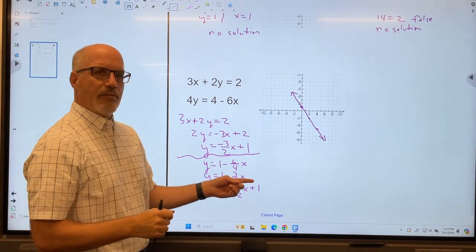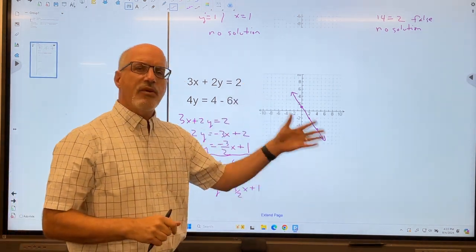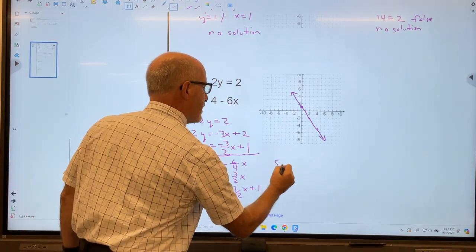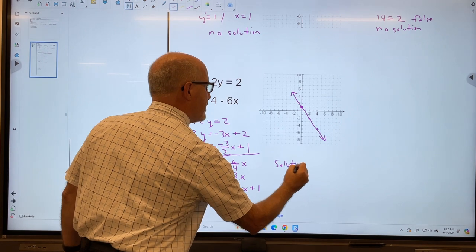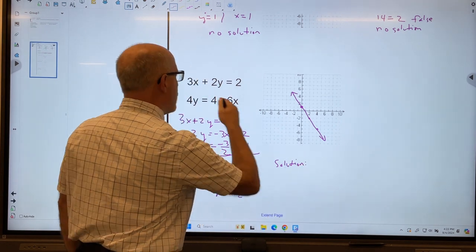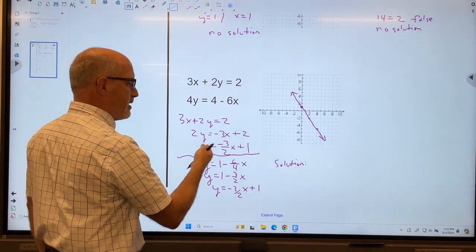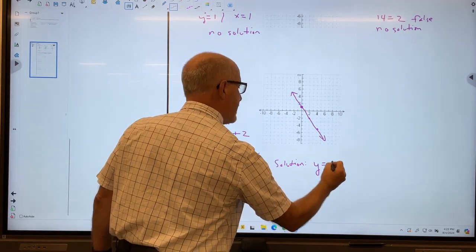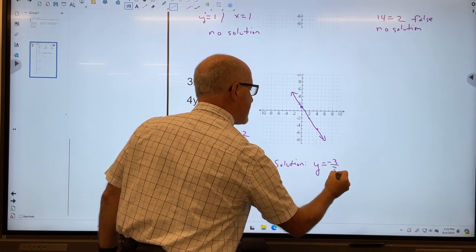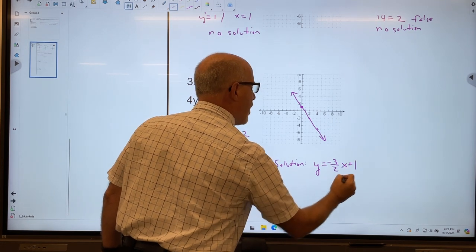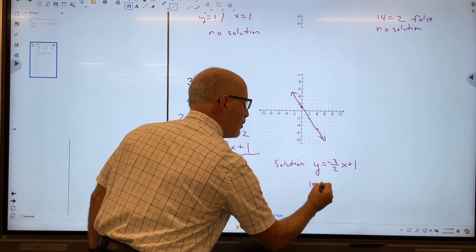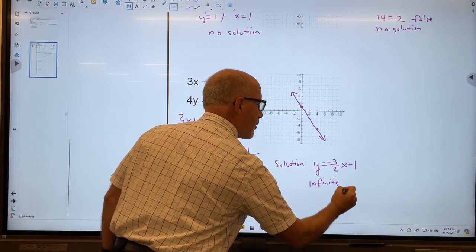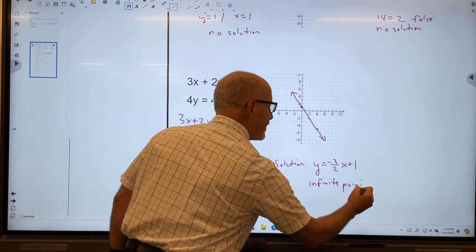They're the exact same equation. If I were to graph it, it would be right on top of it. So my solution is the entire line, which in this case I'm going to list in slope-intercept form. The solution is y equals negative 3 halves x plus 1. It's an infinite number of points, because there's an infinite number of points on that line.